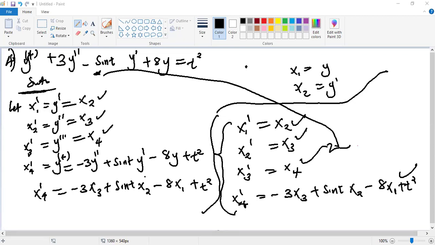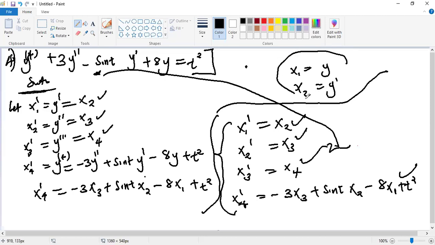Okay, I'll repeat it. Now, guys, you're given this first order differential equation and you want to write it with respect to new variables. We already know that x1 is y and x2.